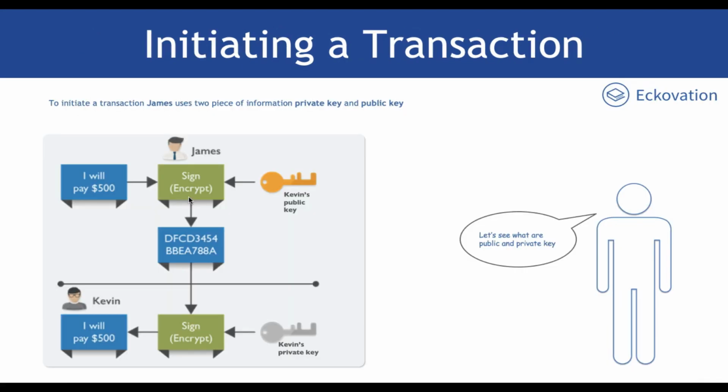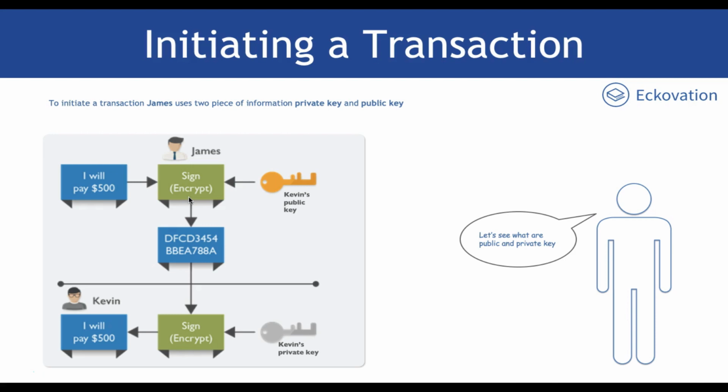Now this is how a transaction is executed in a cryptocurrency. We understood cryptography. To initiate a transaction, we have a sender and a receiver. The sender is James and the receiver is Kevin. James is going to create a message which says, I will pay Kevin $500.